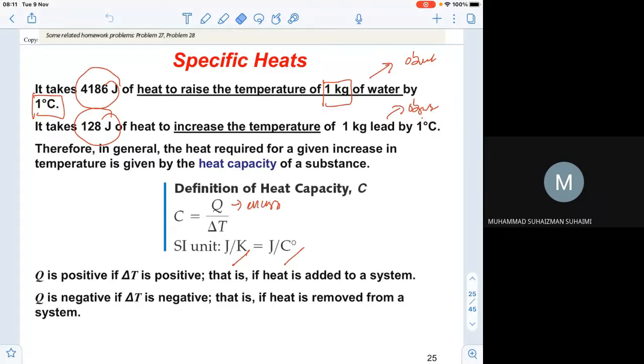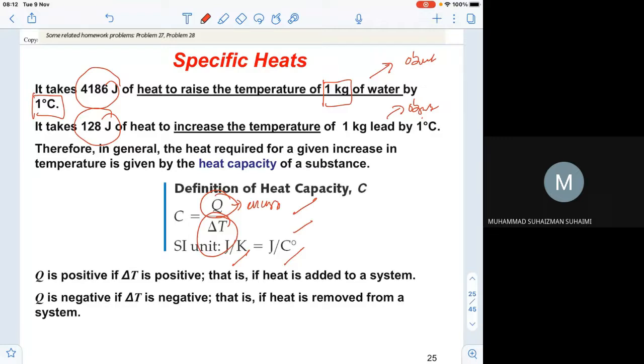Heat capacity is the energy required to increase the temperature of some substance. C equals Q over delta T, where Q is energy and delta T is the change in temperature.